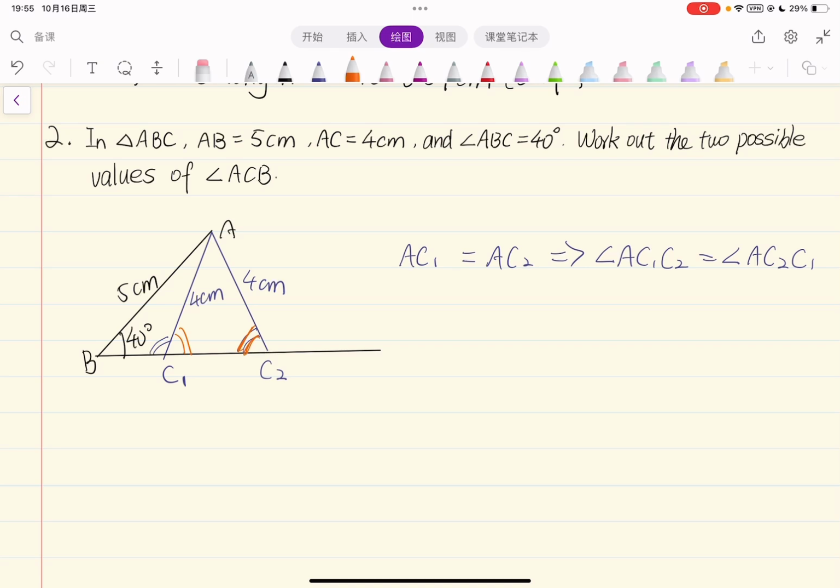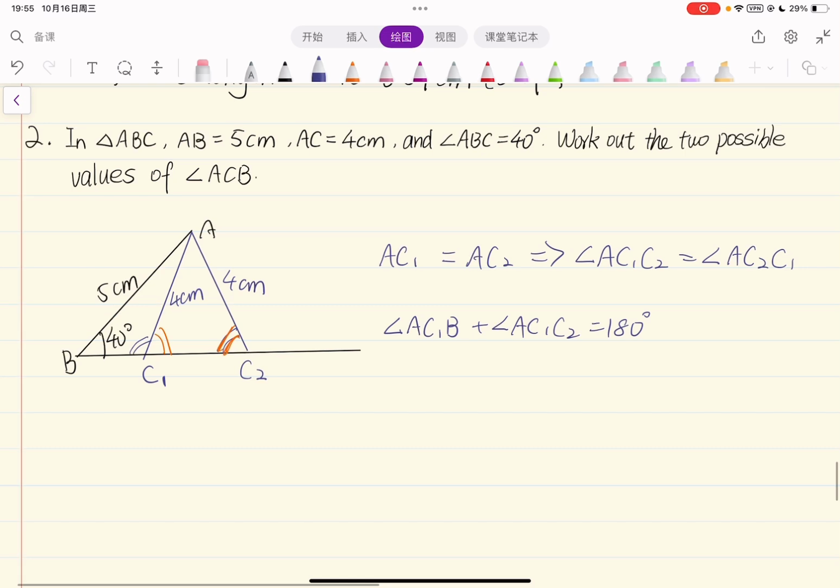So we have the angle AC1B plus the angle AC1C2 equals 180 degrees. Thus, the angle AC1B plus the angle AC2C1 equals 180 degrees.